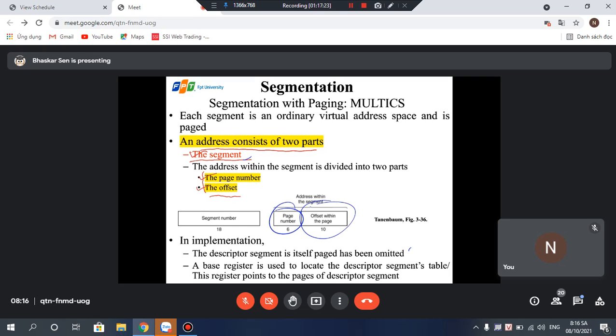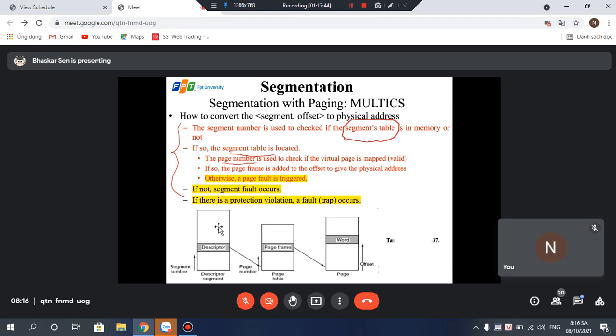So the way it basically works is, as we said, the segment part is one part. In implementation, the descriptor segment is itself paged and has been omitted. By using the segment table, the segment number is used to check if the segment table is in memory or not.